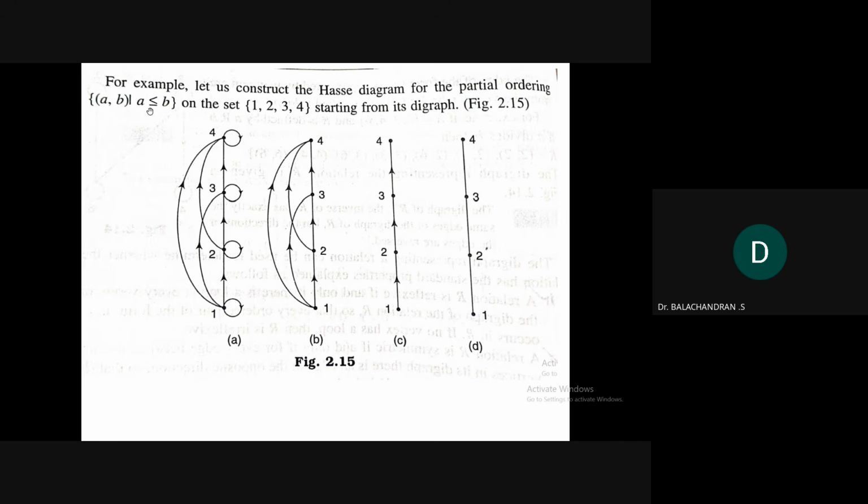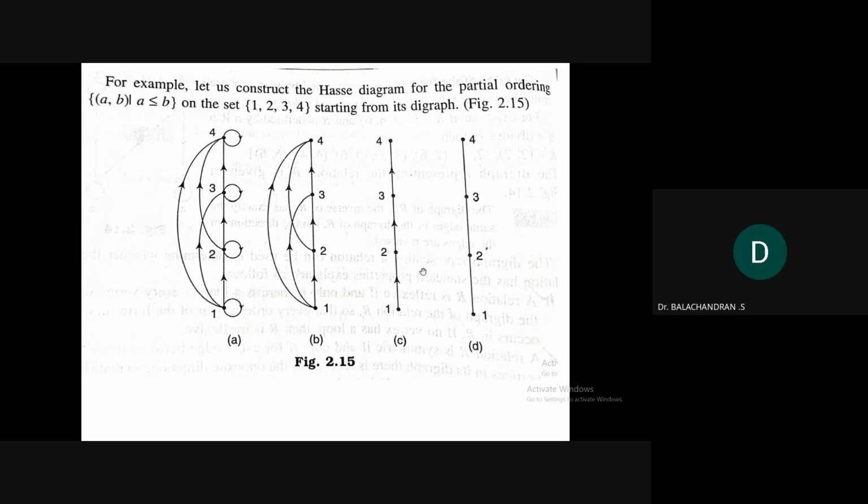Here (a, b) with a less than or equal to b, on 1, 2, 3, 4. So 1 is less than or equal to 1, so that's why there is a self loop. Similarly for each element you have a self loop. 1 is less than or equal to 2, so there is a direction from 1 to 2. Similarly 2 to 3, 3 to 4, and then 1 to 3, 1 to 4, 2 to 4. First, this is the initial diagram. From here to here, because it is reflexive, we remove the self loops.